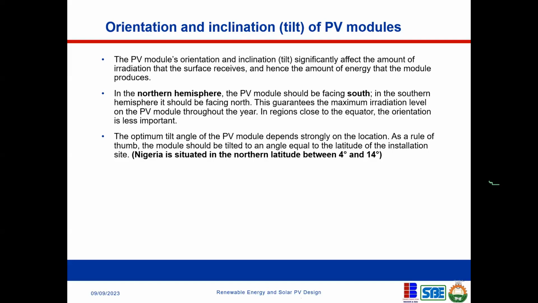Moving from the southern part of Nigeria, Rivers, Bayelsa, it's around 4 degrees, but if you move up to the northern part of Nigeria, it's about 14 degrees. That's why I said Nigeria is between latitudes 4 and 14. But anywhere in Nigeria, you can decide to put maybe 10.